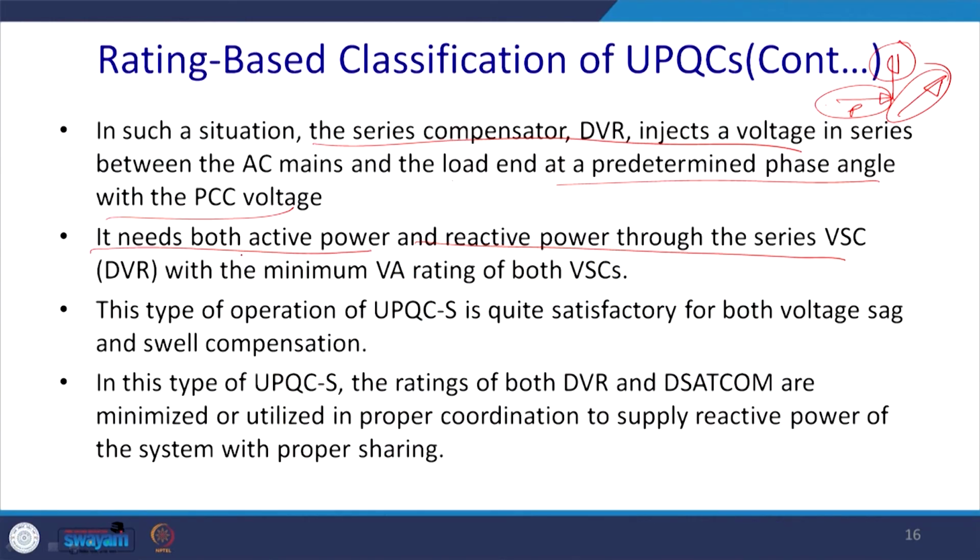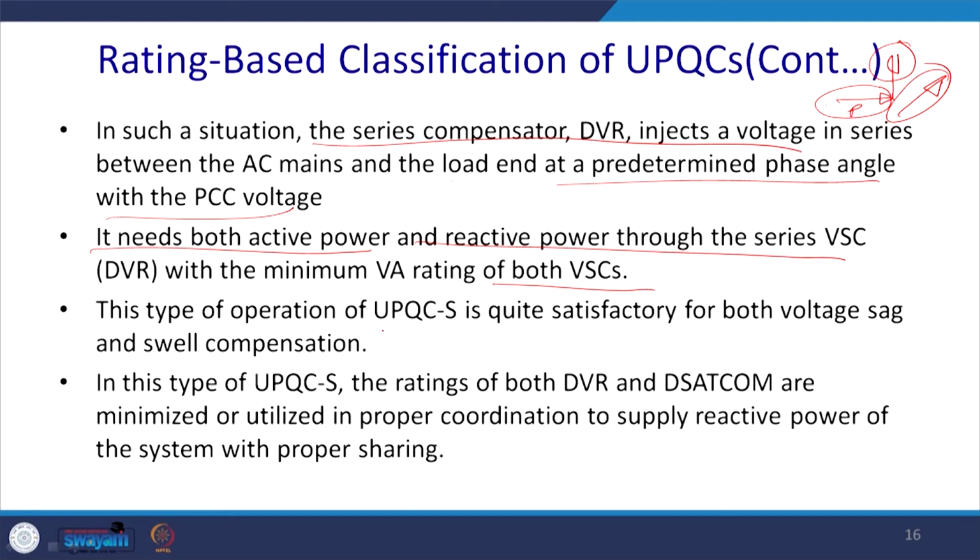Instead, they are merged, and optimal angle compensation can be obtained. It needs both active and reactive power flow through the VSC DVR with the minimum VA rating, with both voltage source converters.